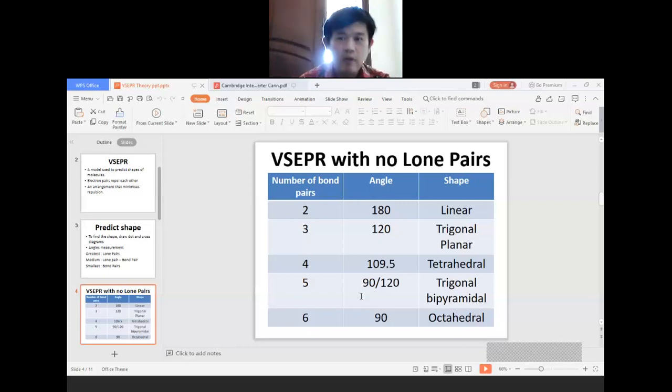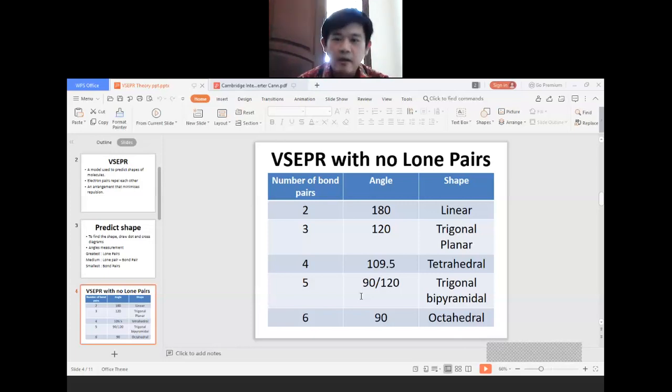So it forms trigonal planar. And then 4 bond pairs for CH4. The shape is tetrahedral, angle 109.5. In A level, we need to learn by heart this shape, angle, number of bond pairs, and number of lone pairs.